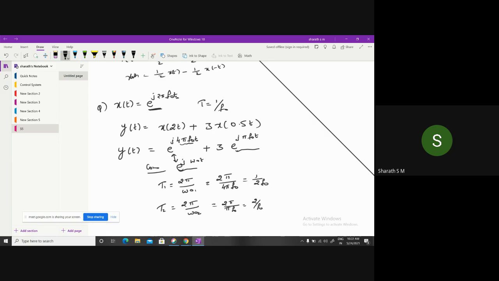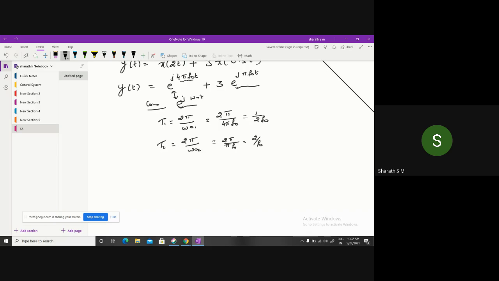So to check for periodicity, if we have an addition of two different signals, we need to divide T1 by T2. If it is a rational number, then we consider it a periodic signal. T1 by T2, that is 1 over 2 f naught divided by 2 by f naught, is equal to 1 by 4.